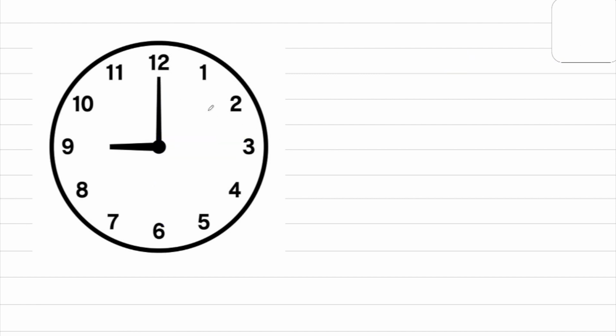One more thing I want to tell you about is the degree of the clock. You have this one is 30 degrees, right? And how about minutes? From 12 to 1 in this case, you will have 5 minutes. Here you get 5 minutes: 1, 2, 3, 4, and 5.